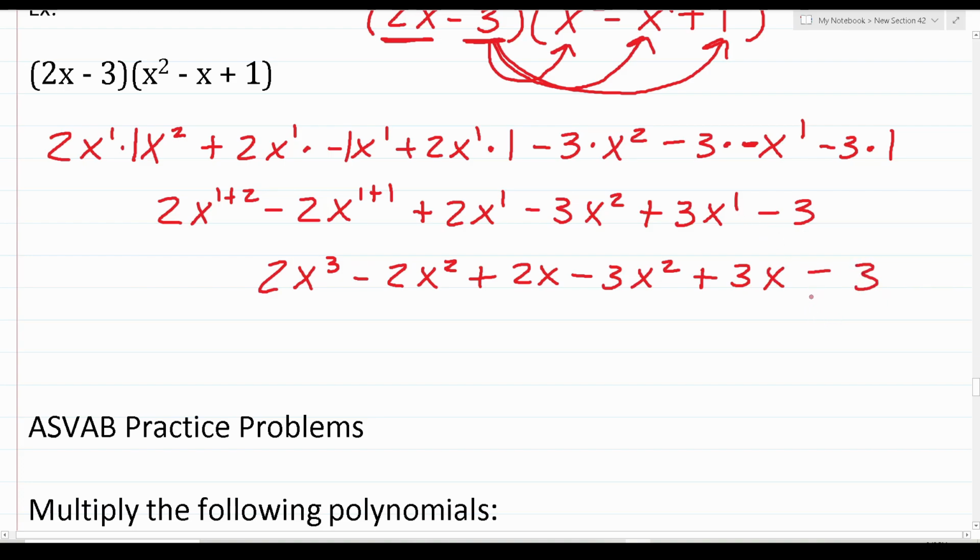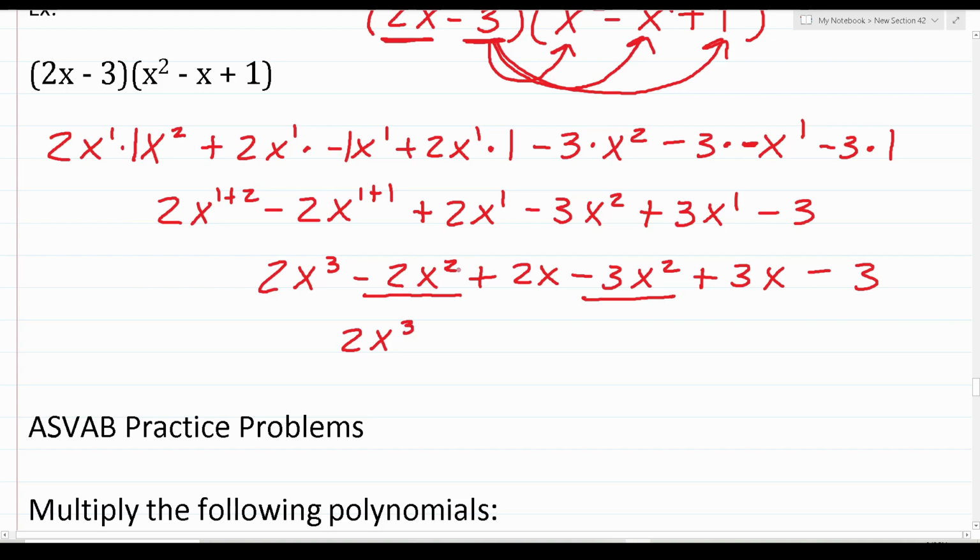We're not done with this one in as much as we have to combine like terms now. And like terms have the same letter variable raised to the same power. So this negative 2x squared has the letter variable x raised to the second power. So we're going to combine it with this negative 3x squared. So this becomes 2x to the third. Let's go ahead and combine these two.